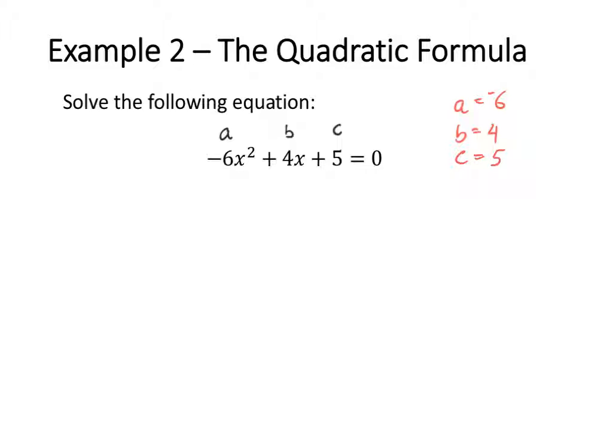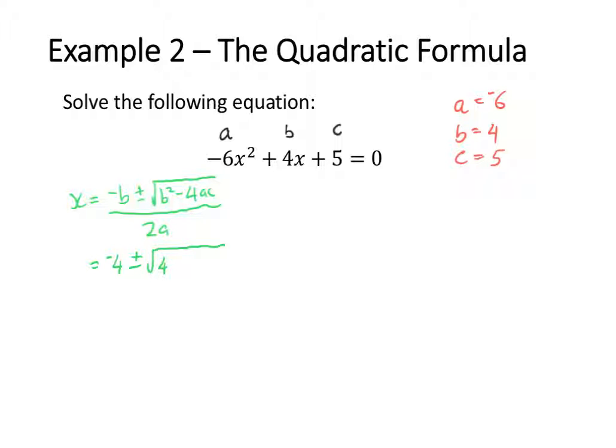So now that I have determined my values for a, b, and c, my next step is going to be to write the formula. After you write the formula, you want to substitute in your values for a, b, and c into that formula. So x is going to equal negative b, so negative 4 plus or minus the square root of b squared.